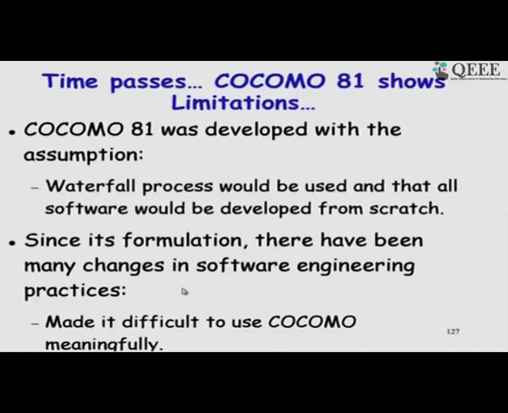Later, as there is more clarity, maybe you can use lines of code, but initially you need to use function points. These are the main objectives with which COCOMO 2 was proposed.